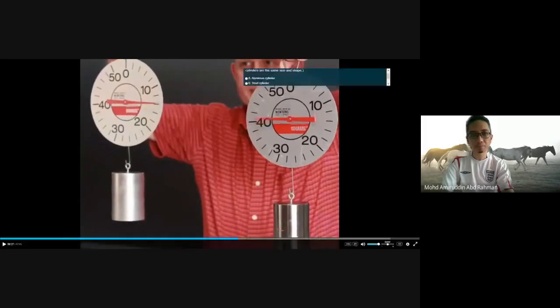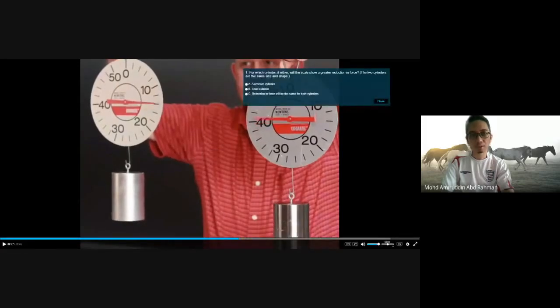Okay, the one we have is 12, and the other one is about 40 kilograms. So what is asked over here is which one will show the greater reduction, either the aluminium or the steel one.